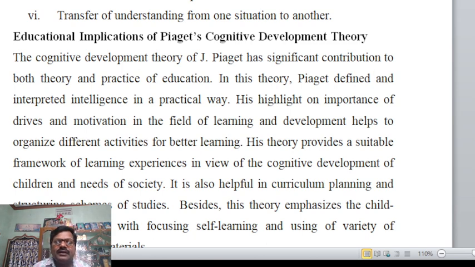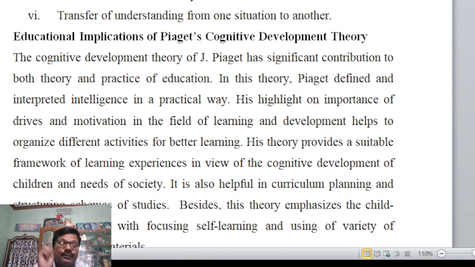Could you get my point? So I can say the theory of Jean Piaget provides a suitable framework for learning experiences in view of the cognitive development of children and the needs of society.